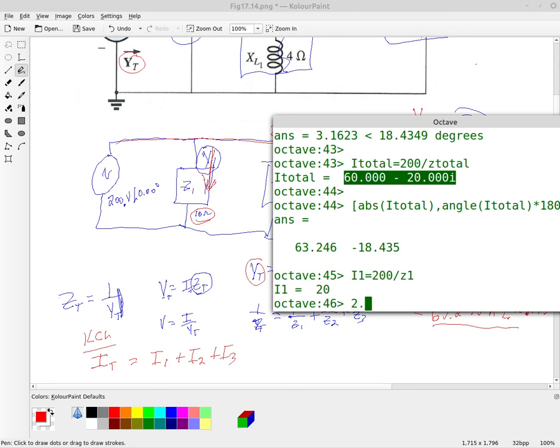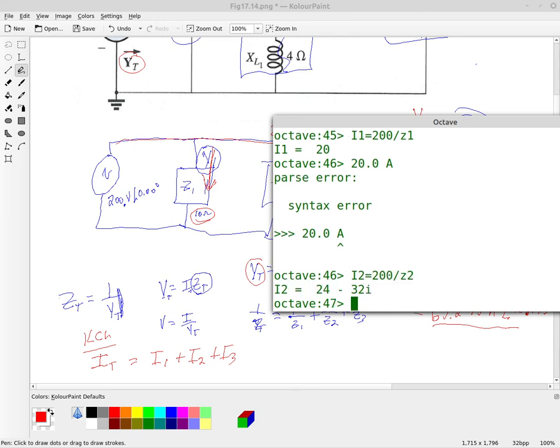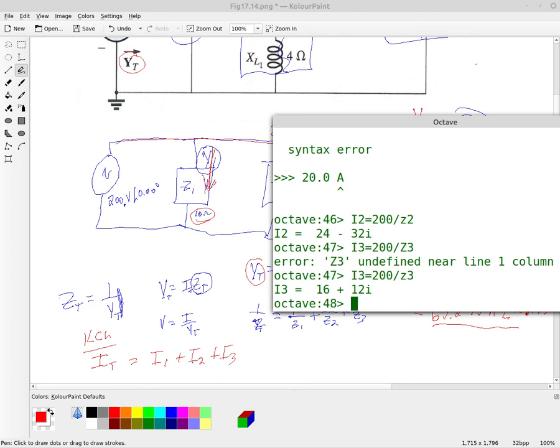If we were going to put that into Blackboard, it would be 20.0 A, capital A for amperes. Then we can calculate I2 is equal to 200 divided by Z2, and I3 is equal to 200 divided by Z3. I made the Z's lowercase, so it is case sensitive.